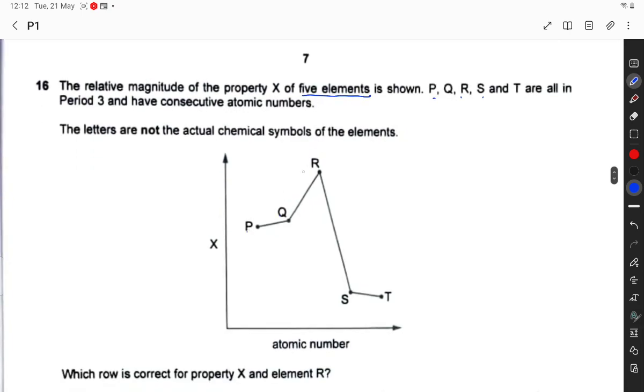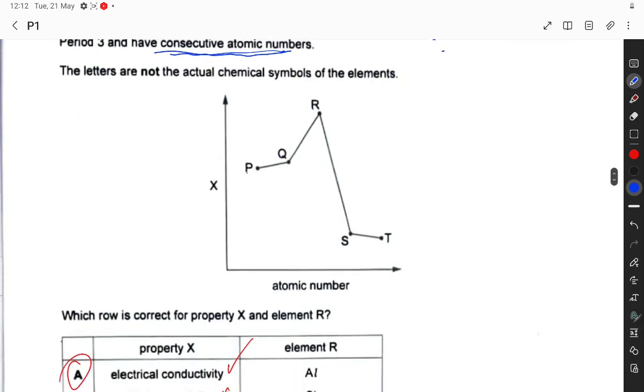Look here, P, Q, R, S and T, so these have consecutive atomic numbers. Which row is correct for property X and element R? Element R is here.